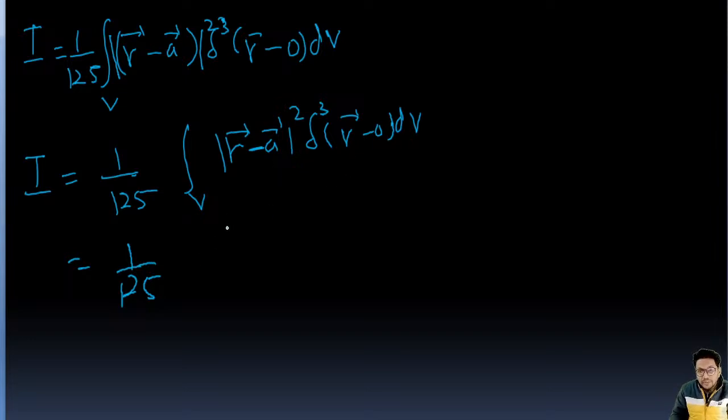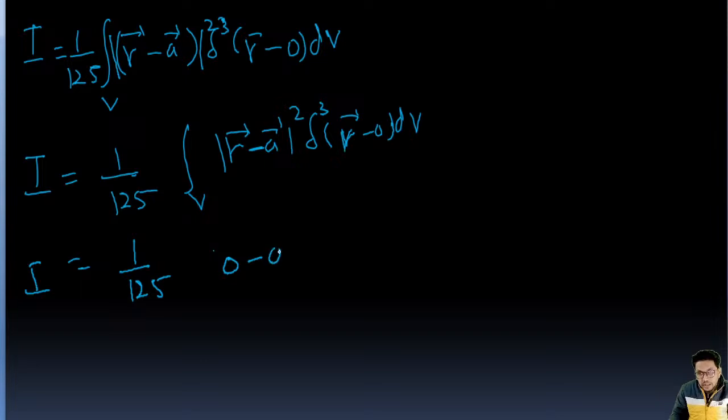This is going to be f(a), this is the function, so r is 0, right? R is 0, so it is going to be 1 upon 125, and this is f(a), right? So in place of r, we'll write 0.